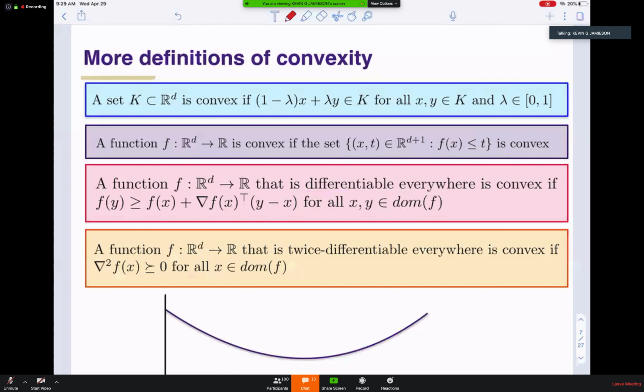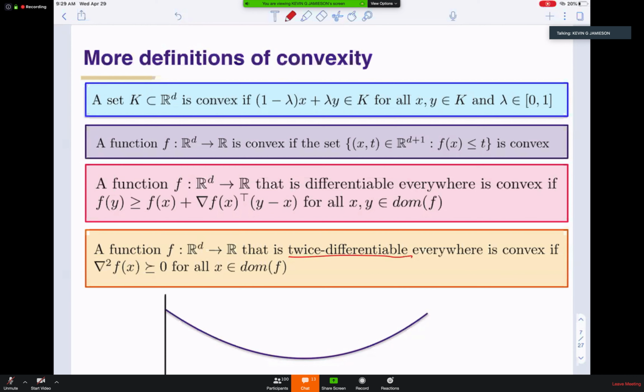A third definition of convexity, sometimes the easiest one to prove, is for a twice differentiable function, meaning you can take 2 derivatives of it. Its second derivative is defined everywhere. In higher dimensions this is known as the Hessian, a matrix of partial derivatives.